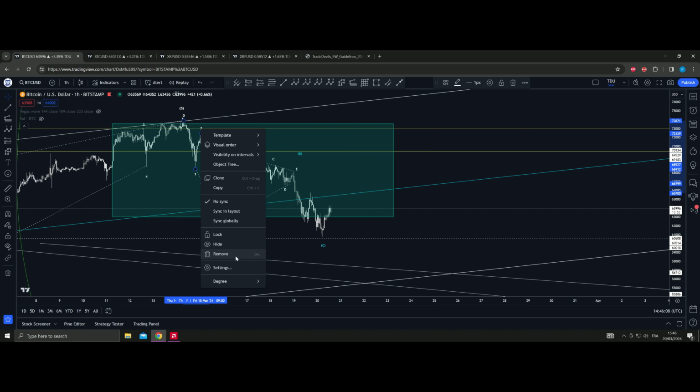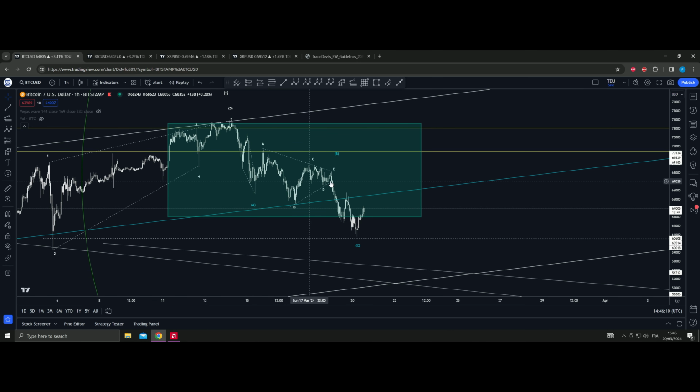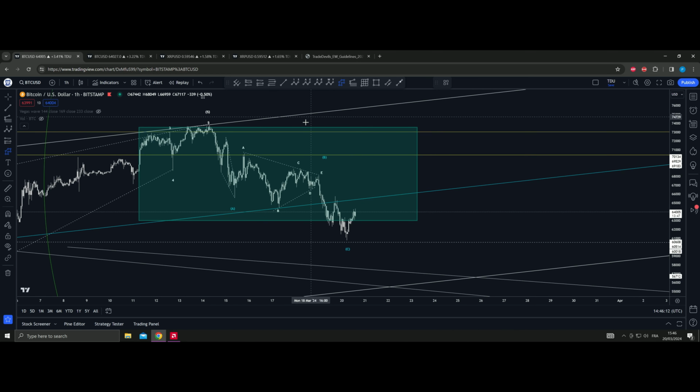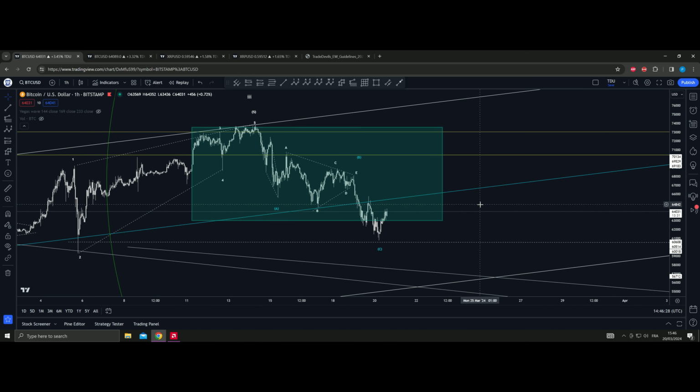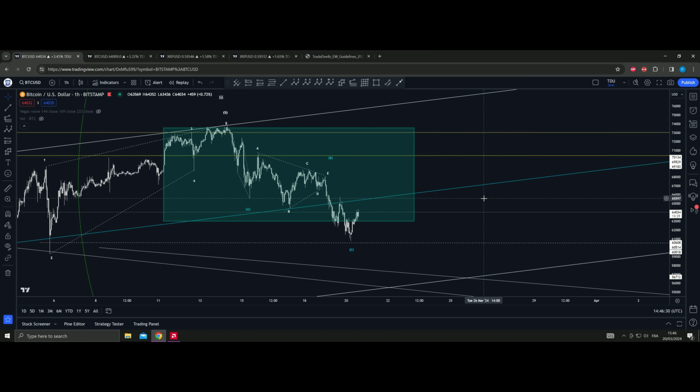However, if I don't try to count every wave, I can also count the swings. First, second, third, sideways, again 1, 2, and 3. So this looks more like a double zigzag, right? If you cannot count the waves, you can count the swings.